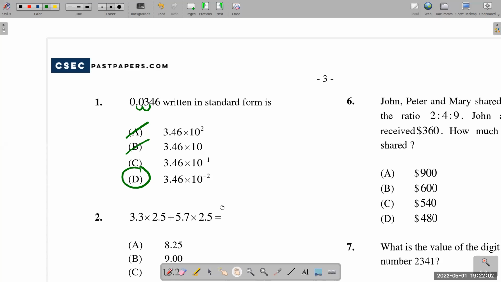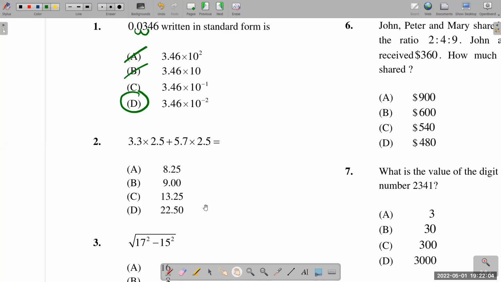All right, next one. There's a shorter way to do this. Anybody know the shorter way to do this? Instead of multiplying this and multiplying this, then adding. What's a shorter way to do this? What number is common for both sides? 2.5, right?